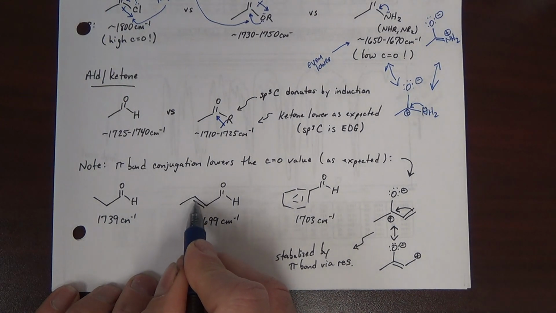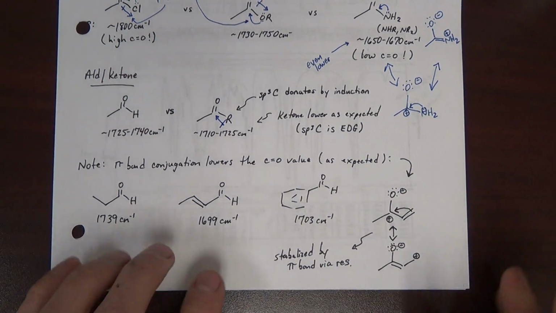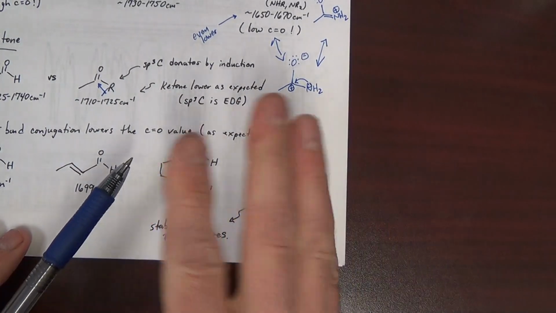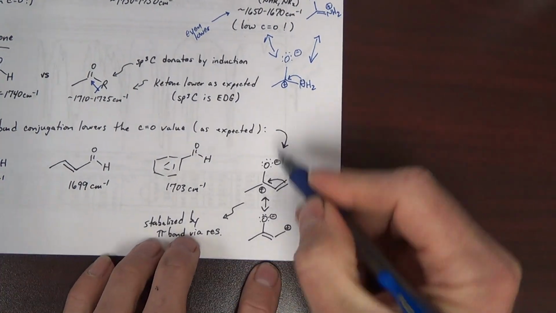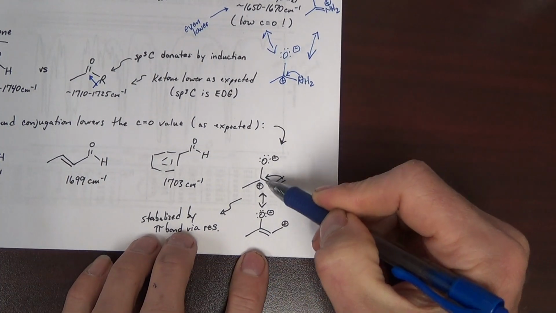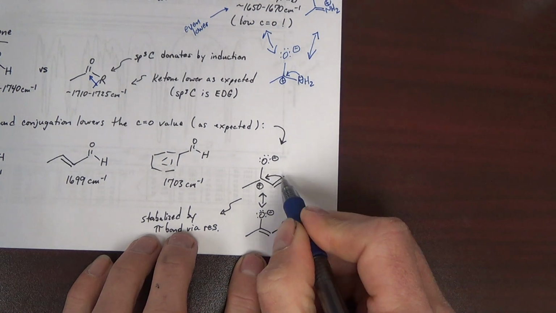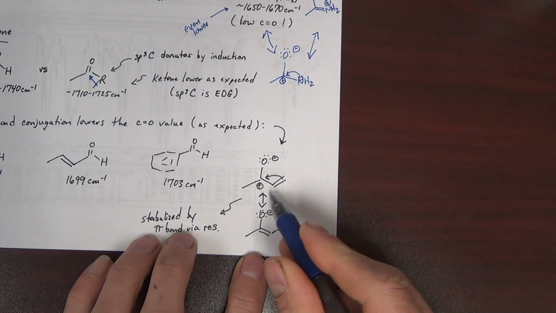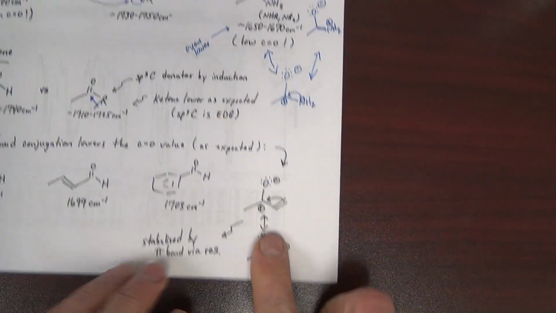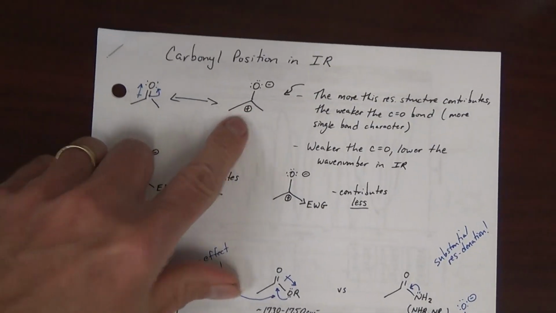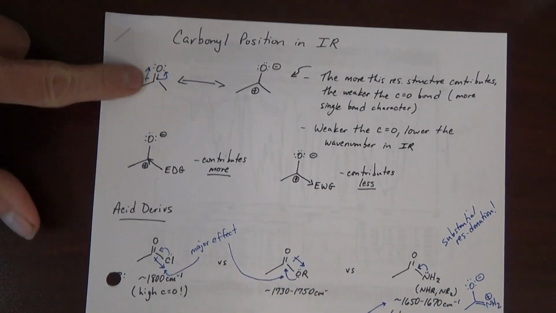In this case, it has to do with the conjugation with the alkene. I'm showing that here. I've flipped the molecule around. If we show our polarized resonance structure, we can then stabilize that further by resonance from the alkene. Resonance donation stabilizes it even further, and it makes the polarized resonance structure contribute even more. You're getting more and more away from the full double bond structure.